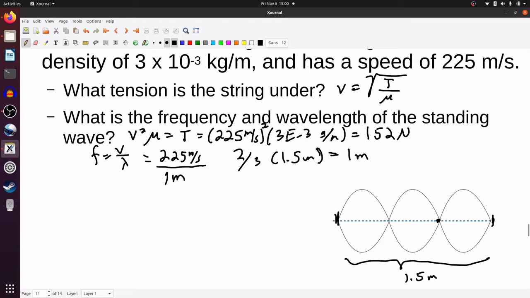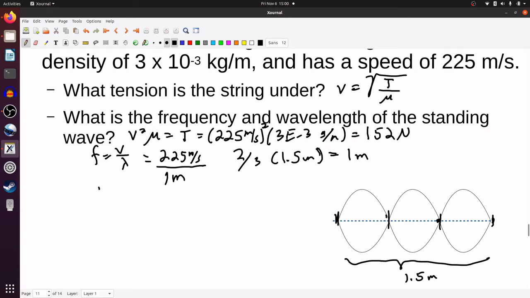So you just need to find one complete wavelength, and you can just kind of use logic. Well, if this is 1.5 and I break this up into 3 points, then this is at 0.5, this is at 1, this is at 1.5, this is at 2, and so on.